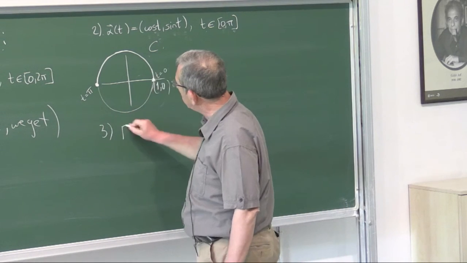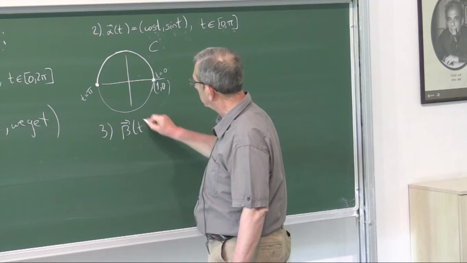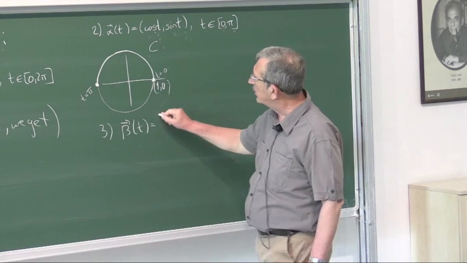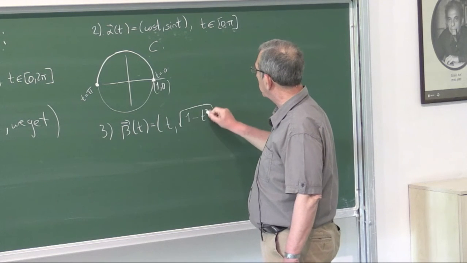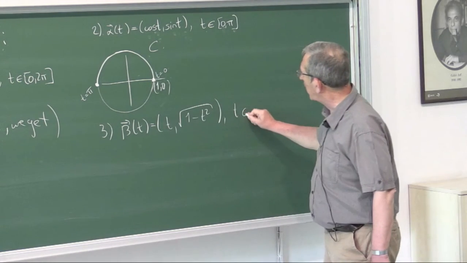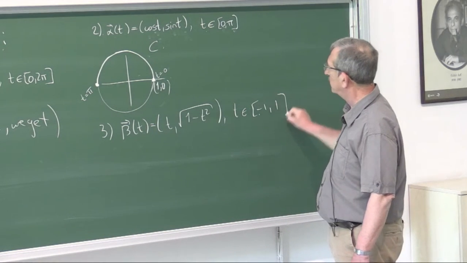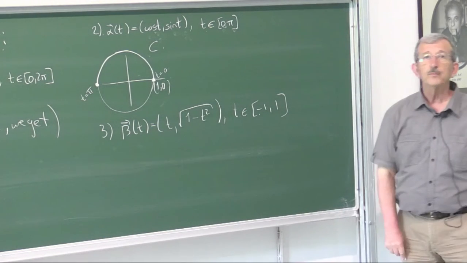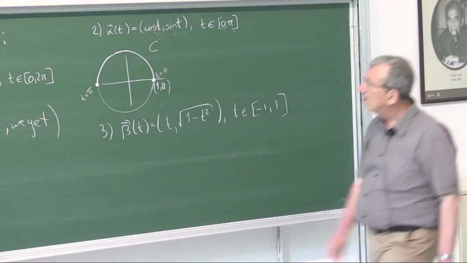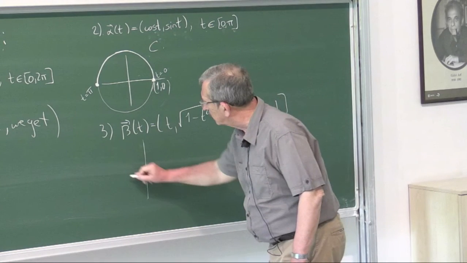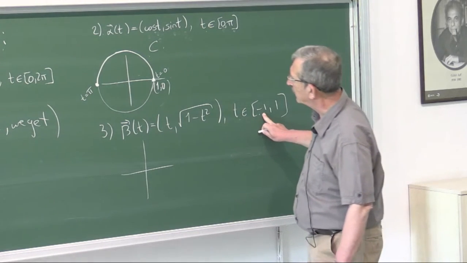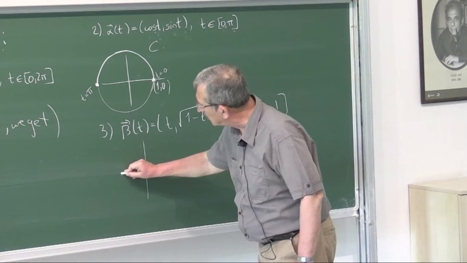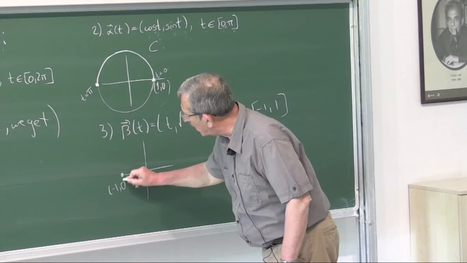Or we can consider a different function, which is t and square root 1 minus t squared, and t changes from minus 1 to 1. Now what does this tell us? Well, again, when t is minus 1, x is minus 1 and y is 0.